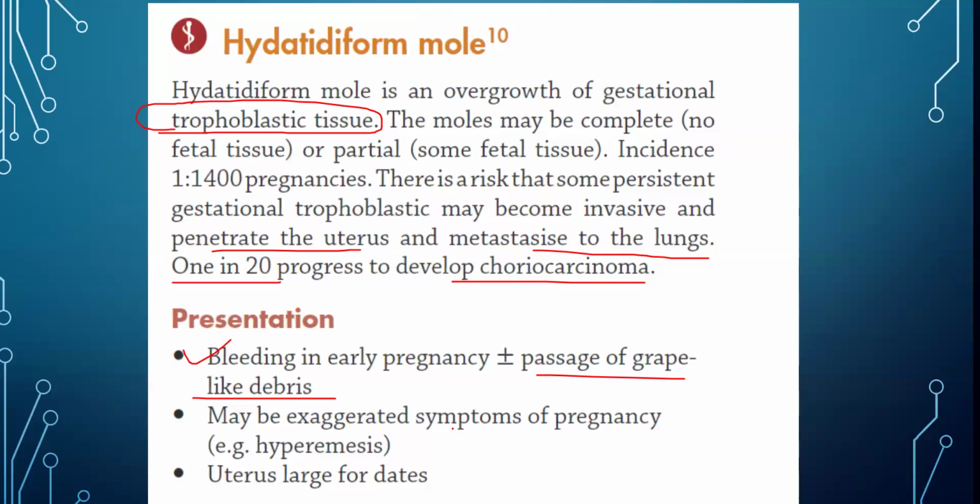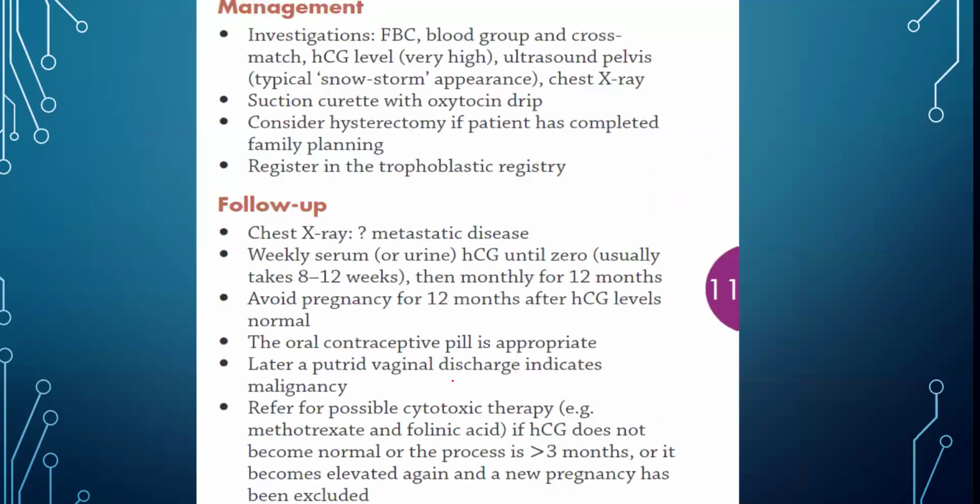This patient also gets exaggerated symptoms of pregnancy, which is what we call hyperemesis gravidarum. So the patient will have more nausea and vomiting in comparison to a normal pregnant patient. And also the uterus will be large for dates in this patient. Okay, so that's the main finding. Bleeding, grape-like structure, excess nausea, vomiting, and uterus larger than the gestational age.